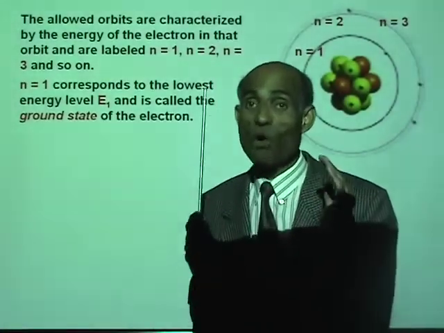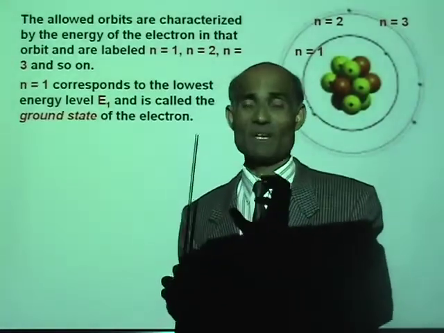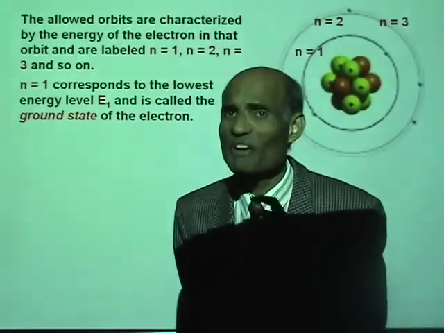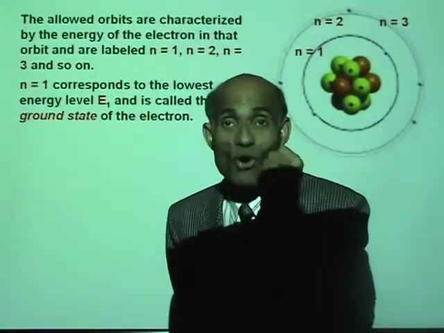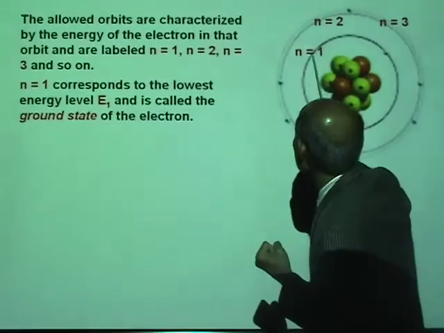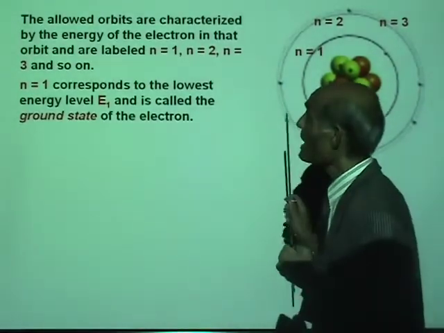And remember, Bohr model only talks about hydrogen atom. And how many electrons are there for hydrogen? Just one electron. And normally that electron is in the ground state. Alright? What is the ground state?